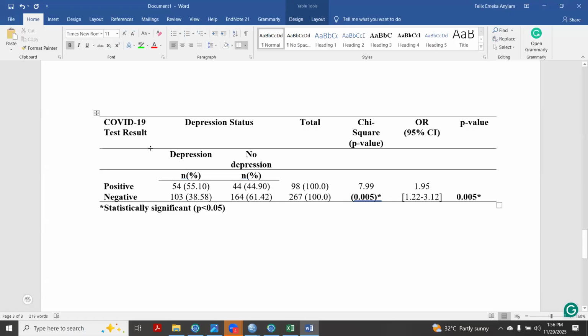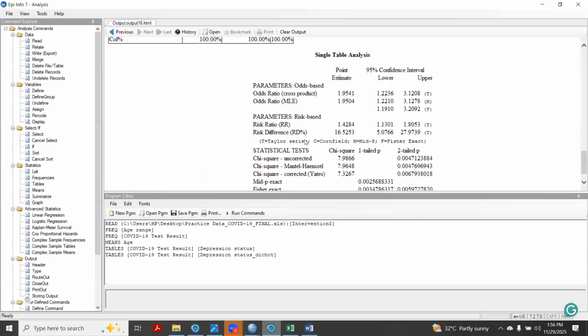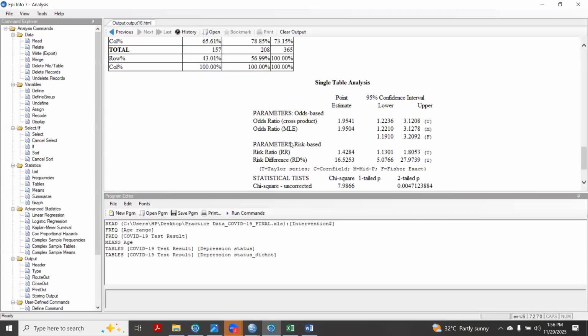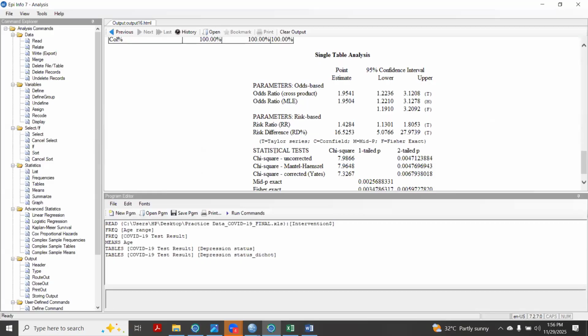Okay, so we can see that there's a higher prevalence of depression among those that tested positive compared to those that tested negative. And the odds is telling us that those that tested positive are 1.95 times more at odds of having depression compared to those that have no depression. So I think that is it for this one. I don't know if anybody has any question with regards to the odds ratio and the relative risk.